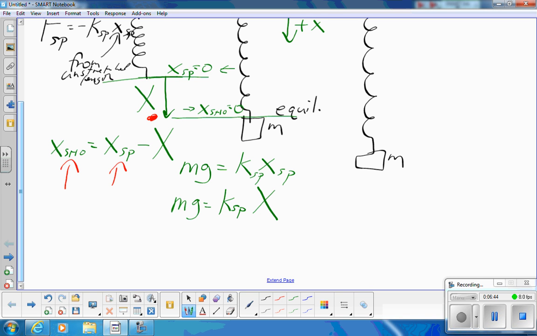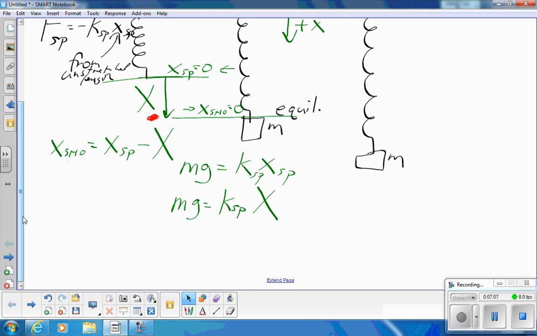So the x_sp value is bigger, and to relate them to each other, I have to subtract 10 from the value on the sp axis to get the value on the SHO axis. So the SHO value is 10 less than the x_sp value on those coordinate systems. That's how these are related to each other.